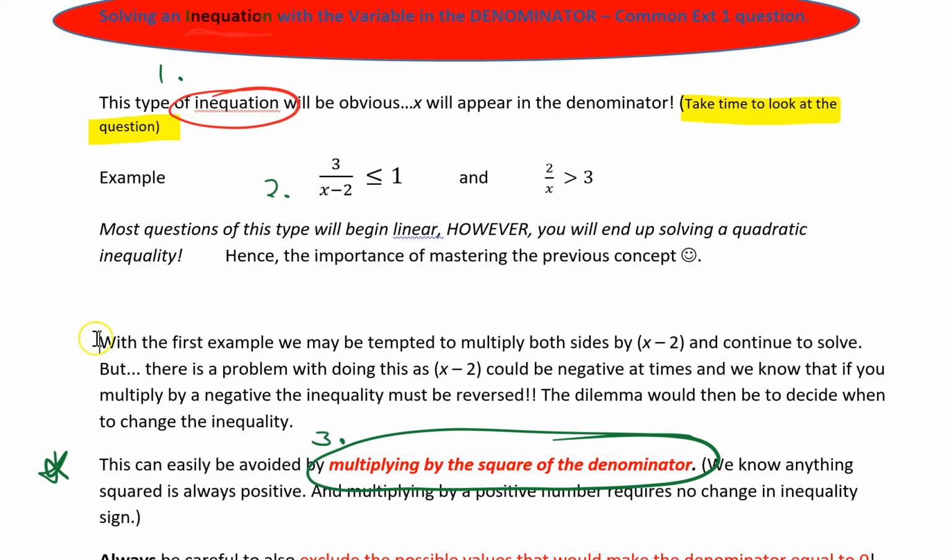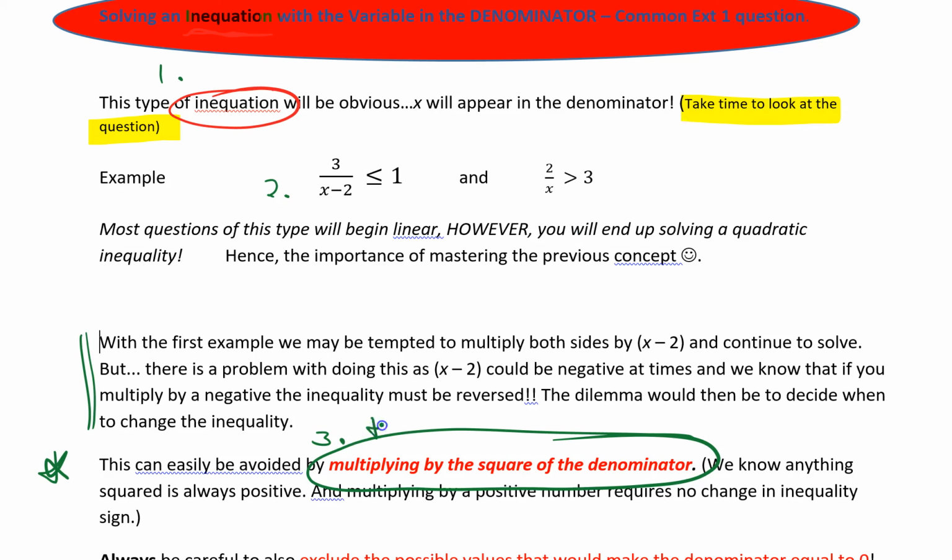You can see here I've already talked about this, the dilemma of if we were only to multiply by x minus 2. Look, that would be fine, and multiplying by x minus 2 would be fine if there was no inequality. So back when we had the situation with an equal sign, we didn't have to consider any different method. However, now you do. And will you be instructed to do this? No, you won't.